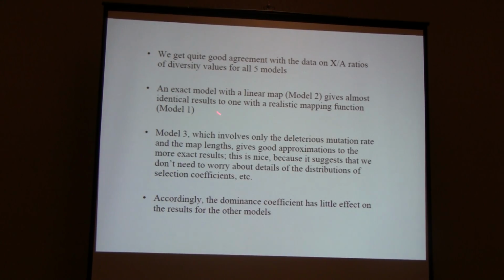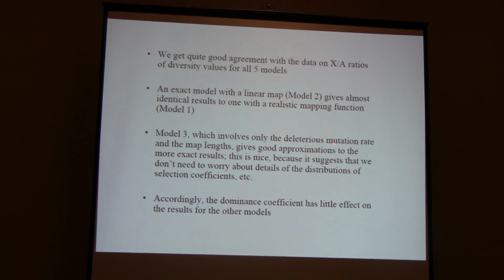So to sum up here, pretty much out of time. Get pretty good agreement with the data on X over A diversity ratios for all 5 models. The exact model with a linear map gives almost identical results to one with a realistic mapping function, so you don't really have to bother about complexity of mapping functions here. Model 3 actually works rather well.